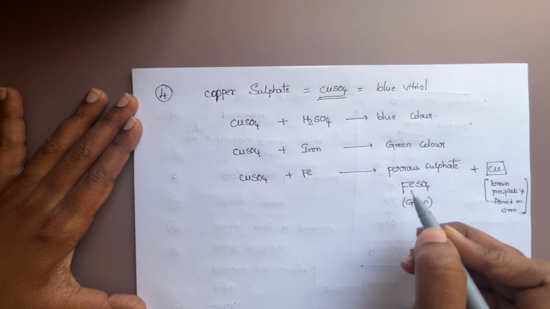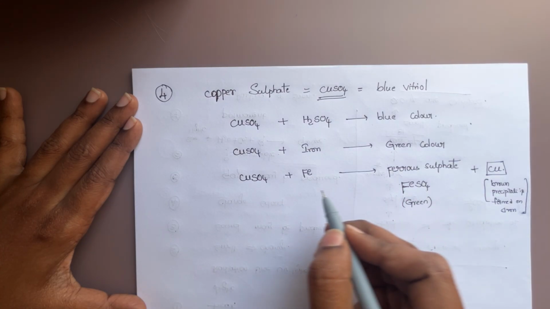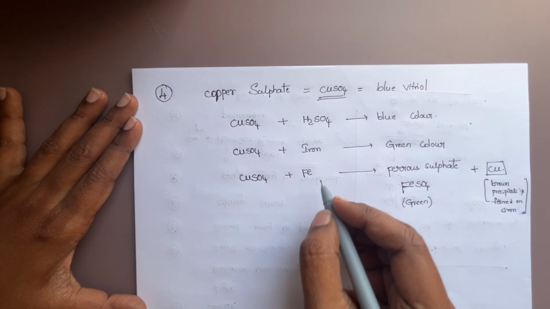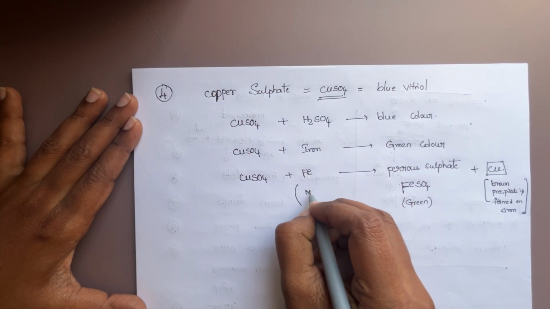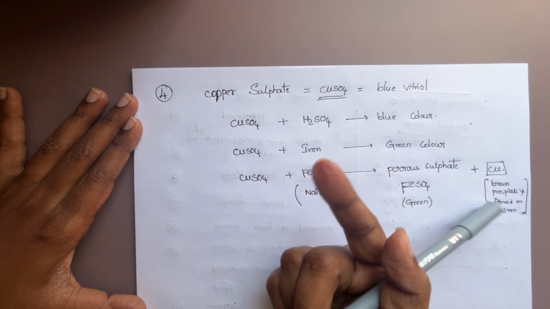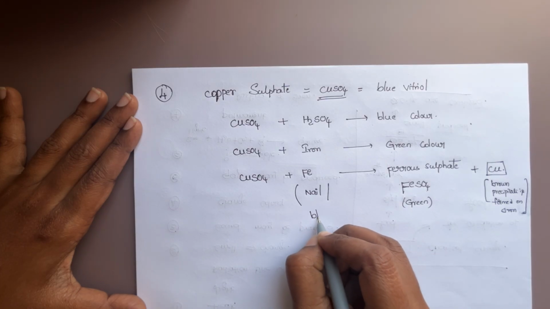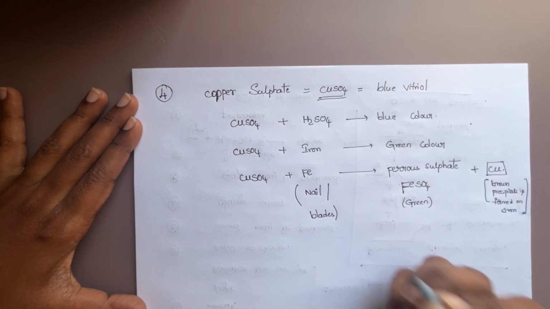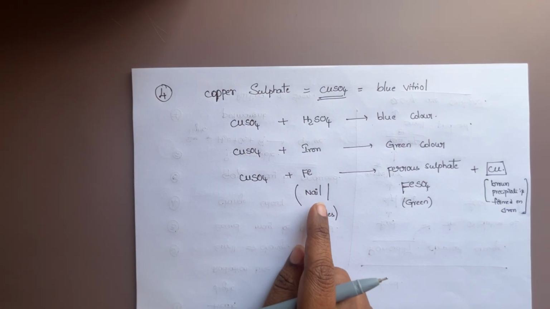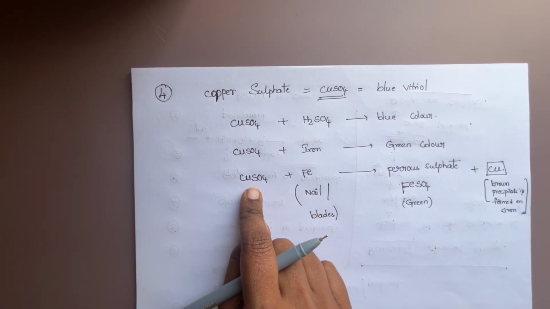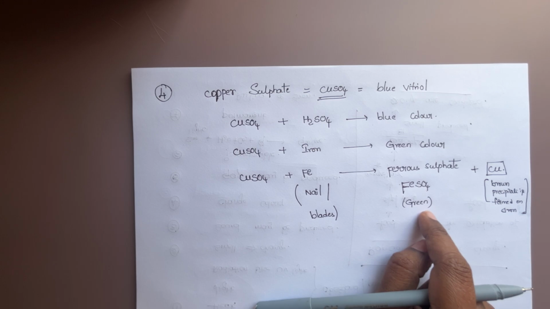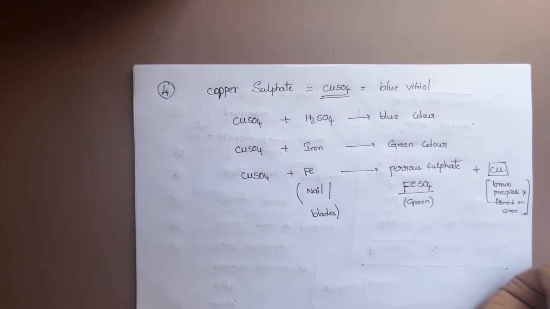Copper sulfate is converted into FeSO4 by reacting with iron. Sometimes for iron they give nails or screws, sometimes blades. So if we dissolve a nail in copper sulfate, what will be the color of the solution? It is green, because of the color of iron sulfate.